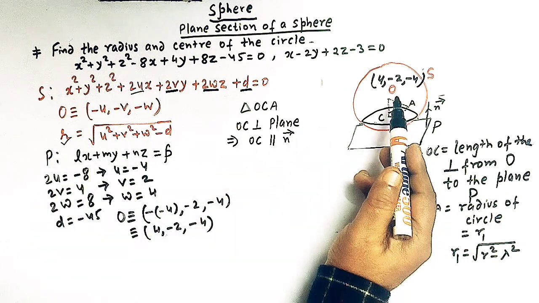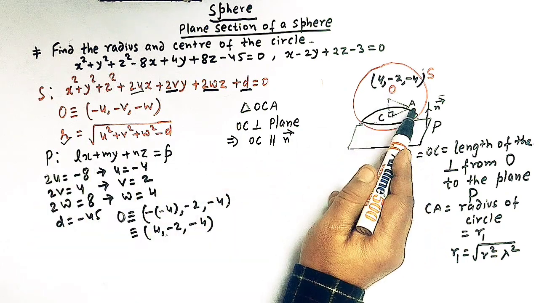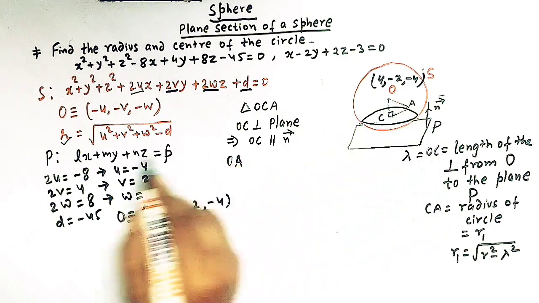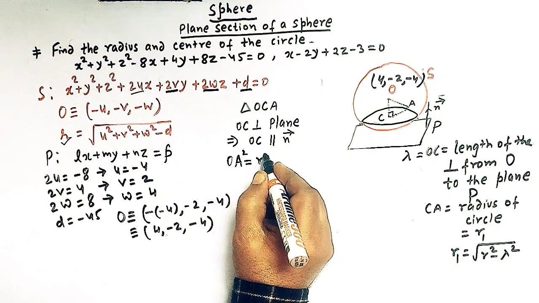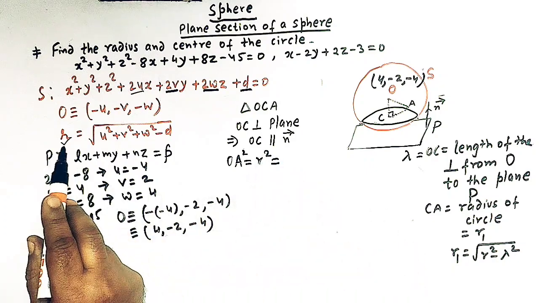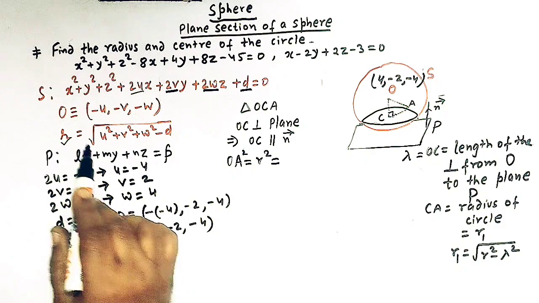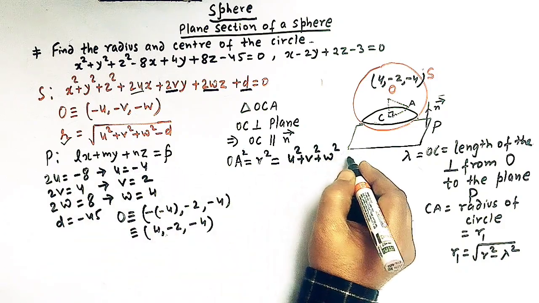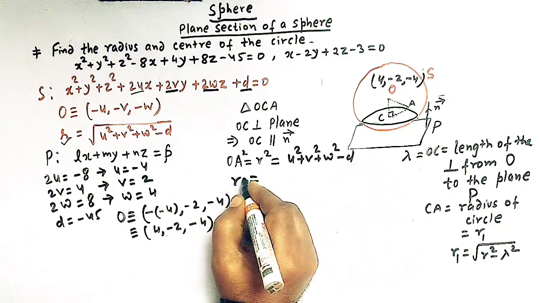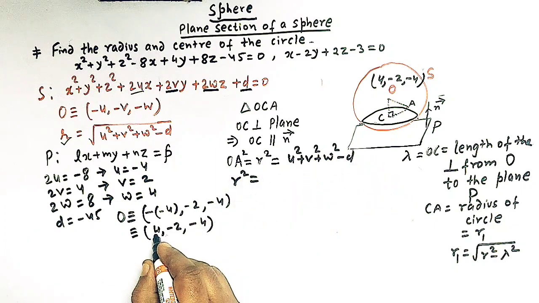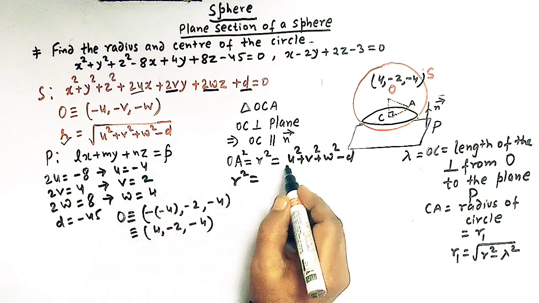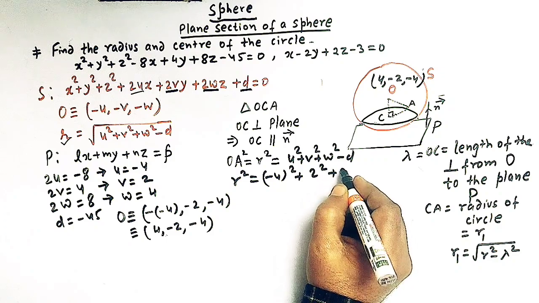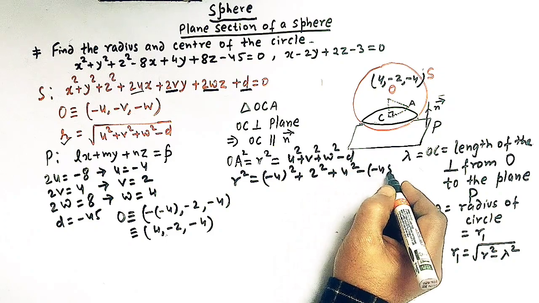Okay, now let us obtain the radius of the sphere. The radius of the sphere, that is OA square, is equal to r square, because we are taking r as the radius of the sphere, and this is equal to u square plus v square plus w square minus d. So r square is minus 4 square, then 2 square, then 4 square, and minus 45.